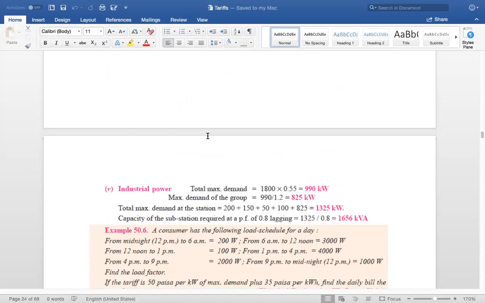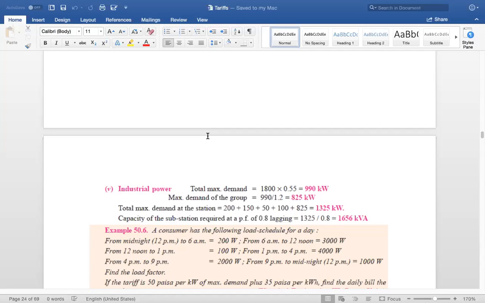So the industrial power will be the total maximum demand, 1,800 times 0.55, which gives us 990 kilowatt. So the maximum demand of the group will be 990 divided by 1.2, that gives us 825 kilowatt.